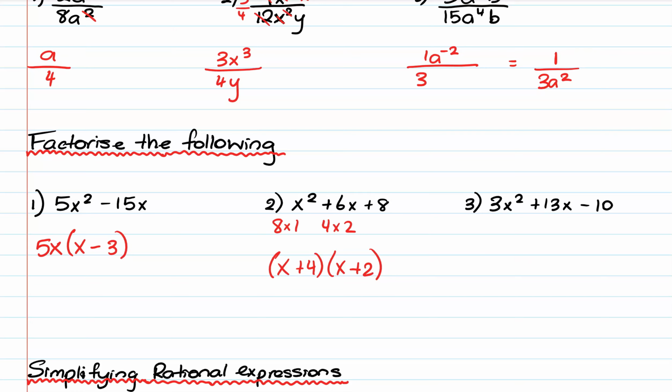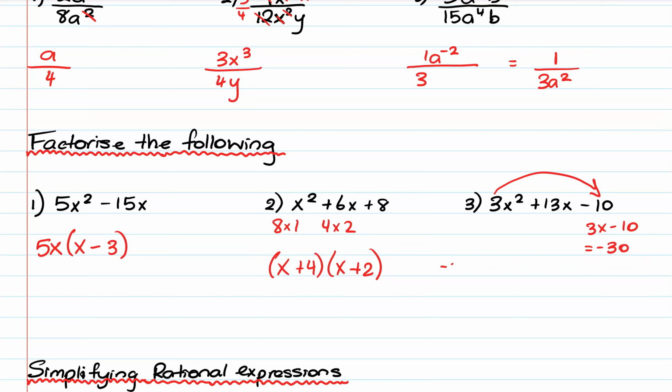Next one over here, we've got another quadratic, 3x squared plus 13x minus 10. I'll multiply the 3 with the -10. So I've got 3 times -10, that equals -30. Now I want to look at the factors of -30.